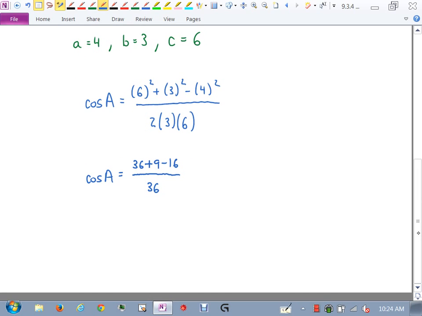No, don't do that. 36 plus 9 minus 16, and then divide that by 36. Anybody getting like 0.8055555 on the right side? Okay, so what I have here is this. Cosine of A must be 0.80555 repeated. I'm just going to say that.